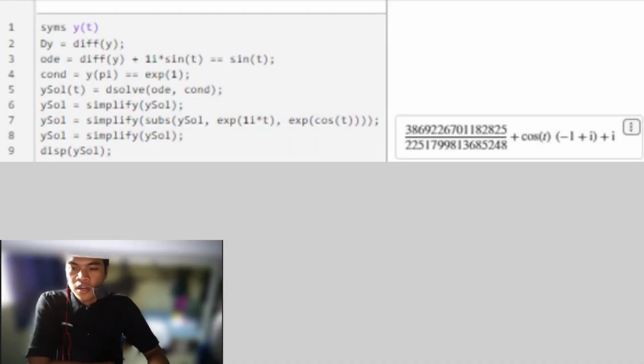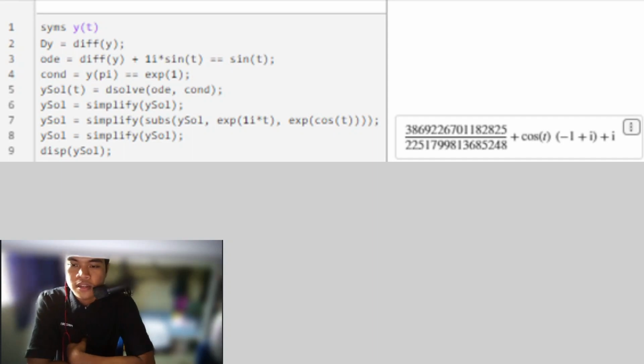And now I will explain simulation C2 line by line. The first line is to define the symbolic function y(t). The second line computes the derivative of y(t) and stores it in the symbolic variable dy.